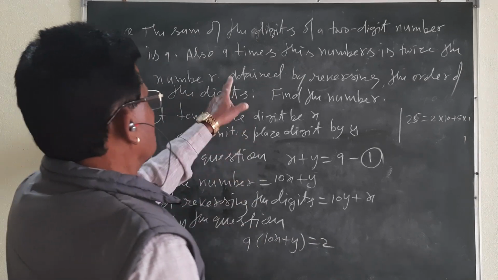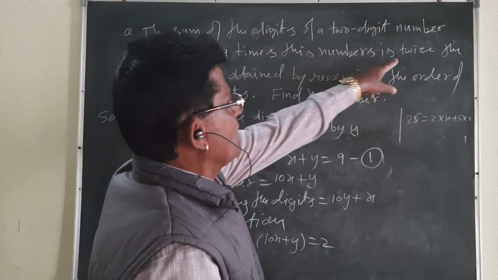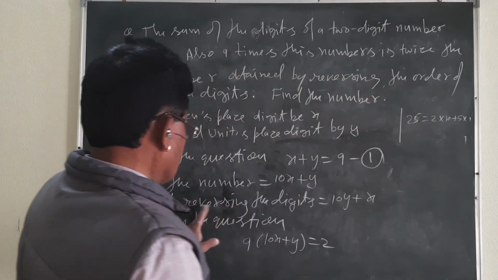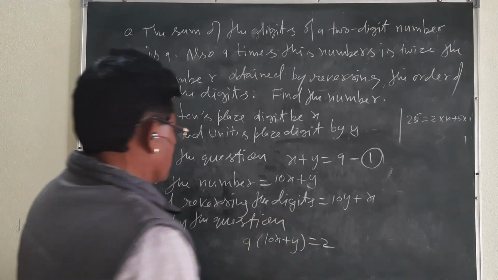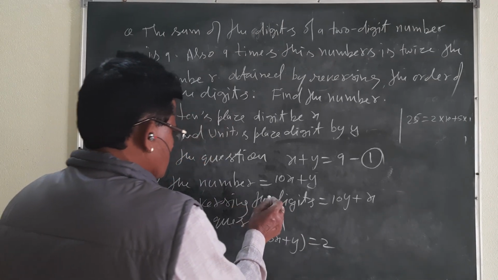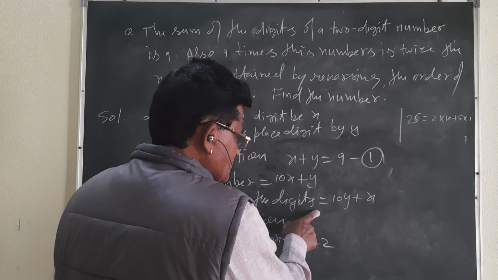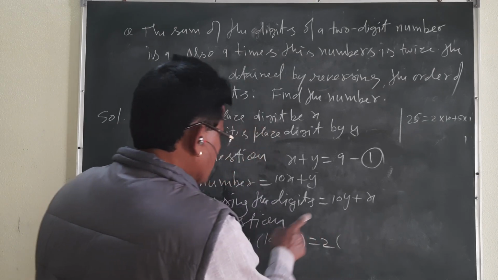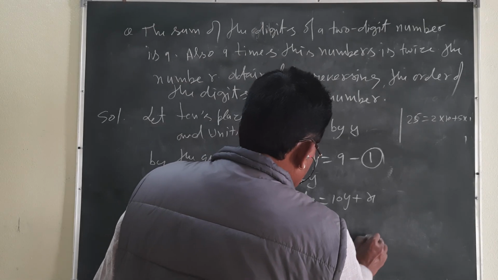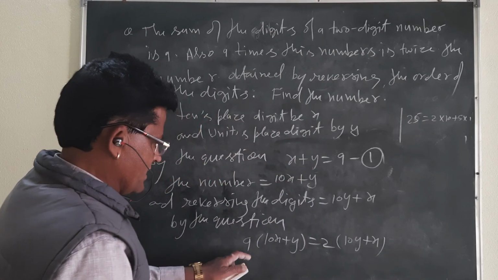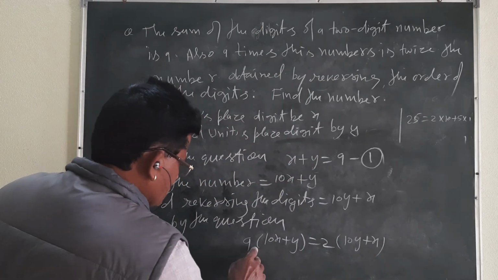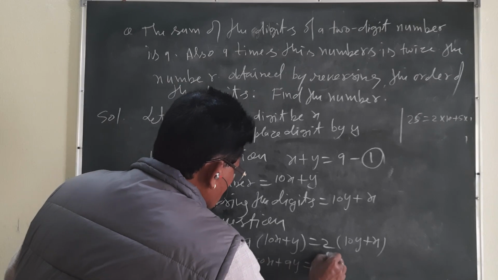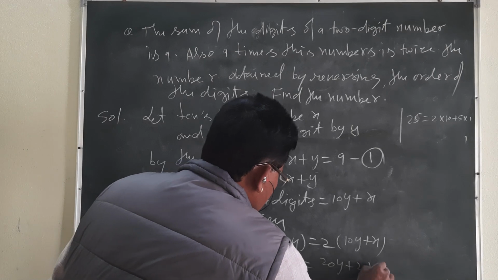Twice the number obtained by reversing the order of the digits. Then what is the number? 10y plus x. Okay, you multiply by 9 inside the bracket: 90x plus 9y is equal to 20y plus 2x.